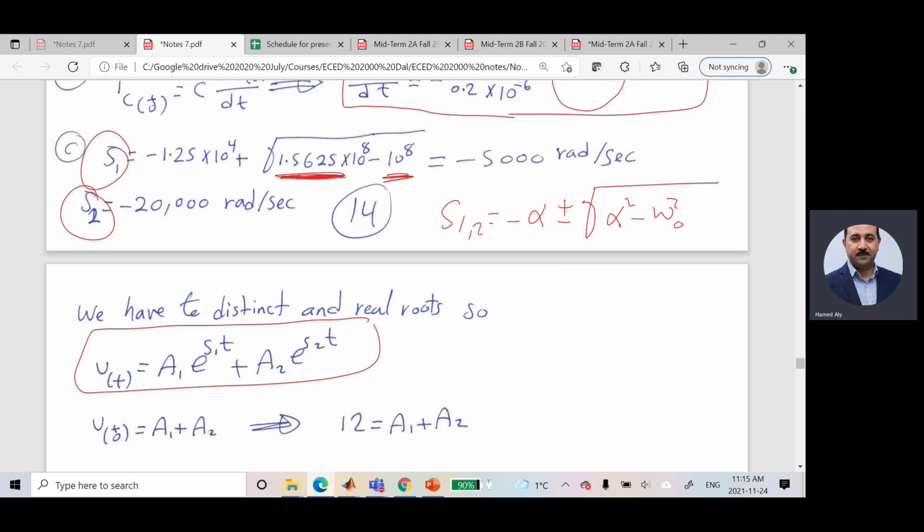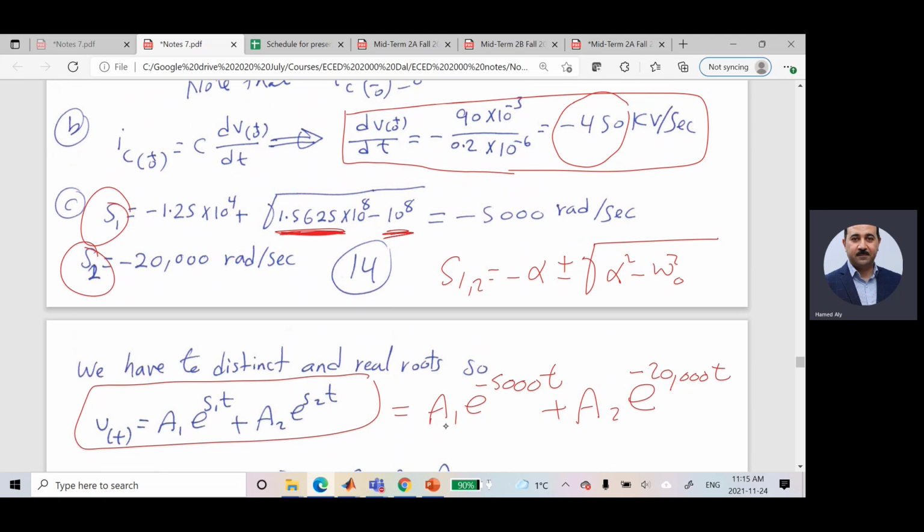V of t is equal to A1 times e to the power S1t plus A2 times e to the power S2t. I got that equation, which is equal to A1 times e to the power negative 5,000t plus A2 times e to the power negative 20,000t. I have almost solved the problem, but what I need is the values of A1 and A2, which I can find from the initial conditions.